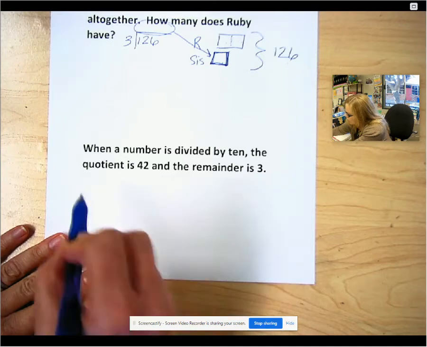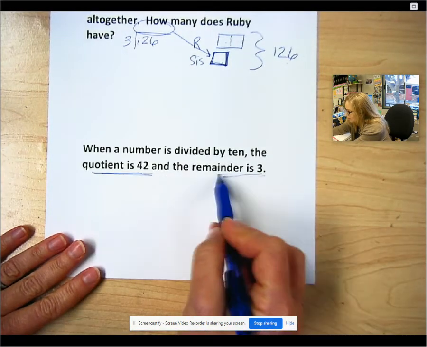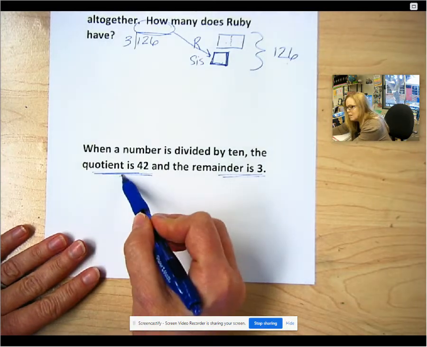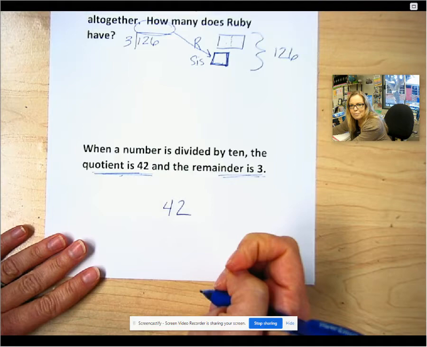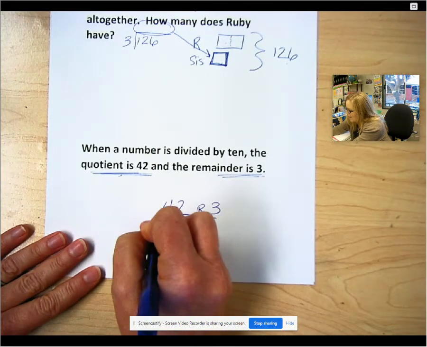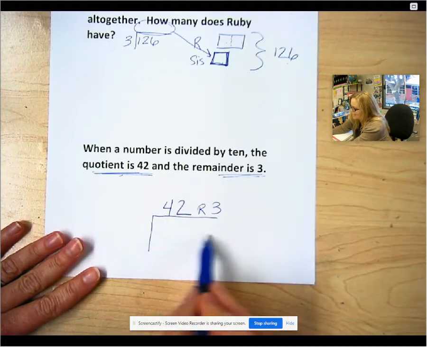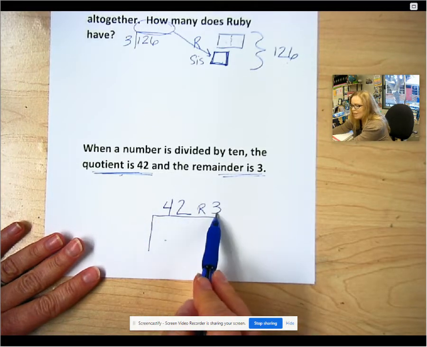It says the quotient is 42. The remainder is 3. Well, what does quotient mean? Quotient is the answer to a division problem. And the remainder is 3. So that means that whatever is inside, the answer is 42 with 3 left over.